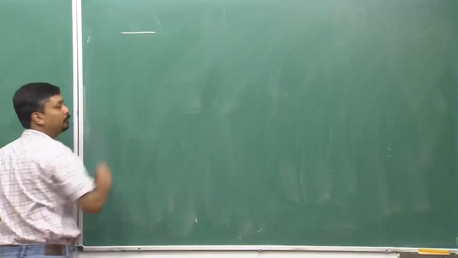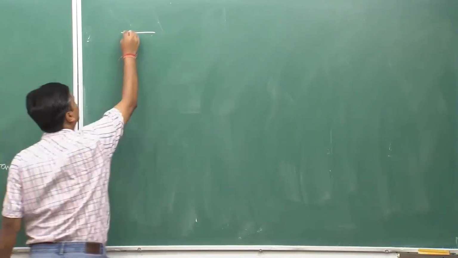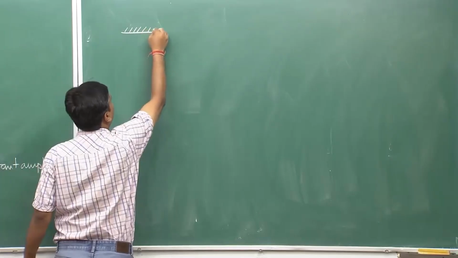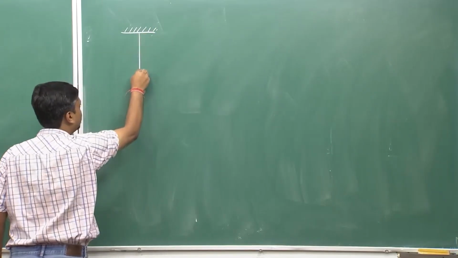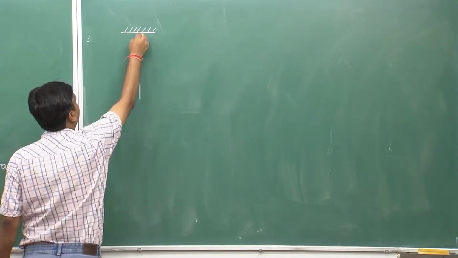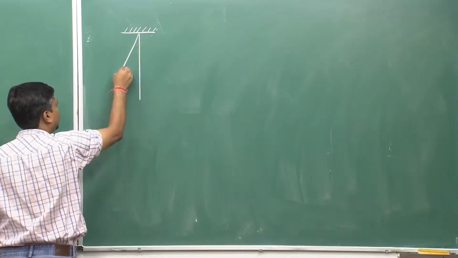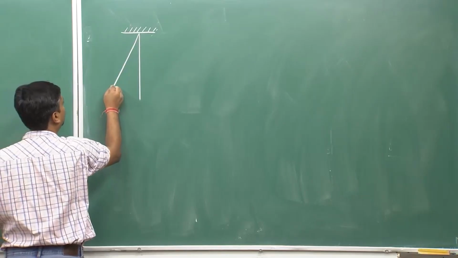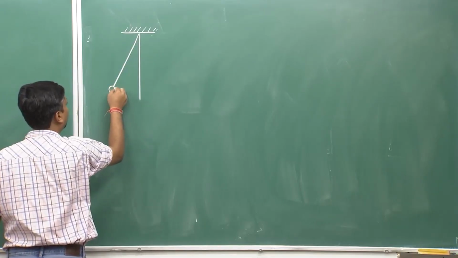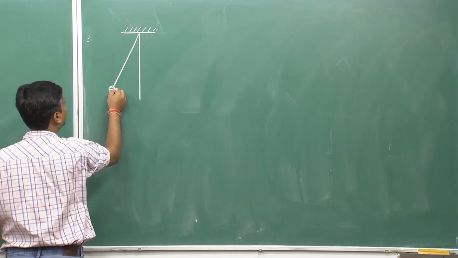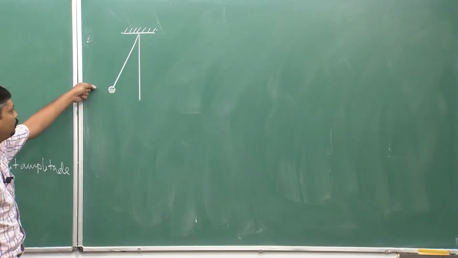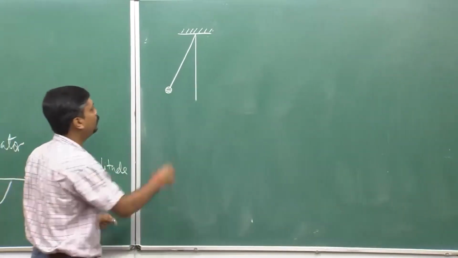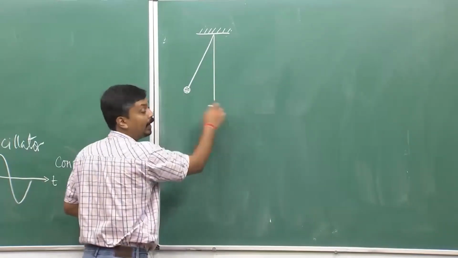So, something tied to the roof, and you take a small string and put a mass here and leave it here. So, bring it here and leave it. What will happen? It will start oscillating, right, back and forth.